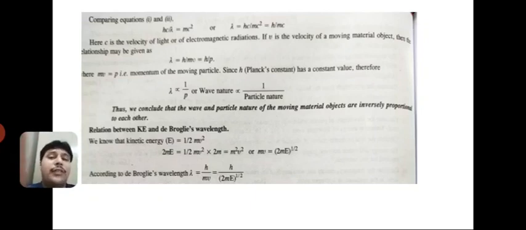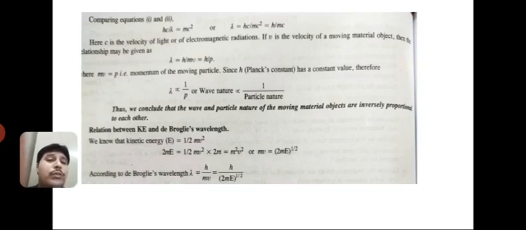Okay, and then we have the next topic, the relation between kinetic energy and de Broglie wavelength. So kinetic energy equal to half mv square. From here, multiplying both sides by 2m, we get 2mE equal to m square v square, or mv equal to square root of 2mE.